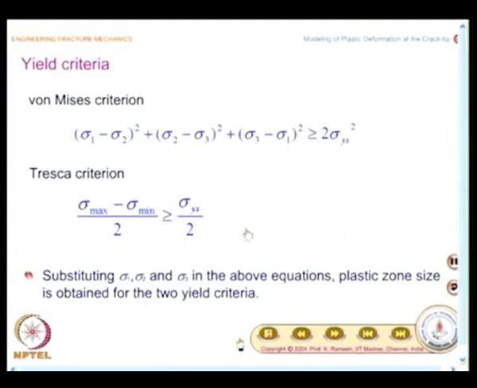So, when you are applying Tresca yield criteria to plane stress situation fracture problems, you have to calculate the maximum shear stress carefully. So, once you know the values of sigma 1, sigma 2 and sigma 3, either by using this criteria or this criteria, you can always find out what is the plastic zone size.